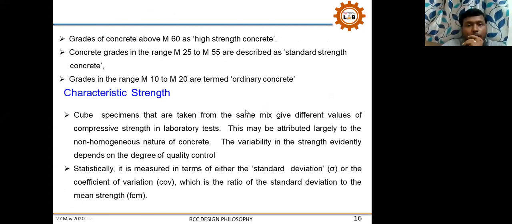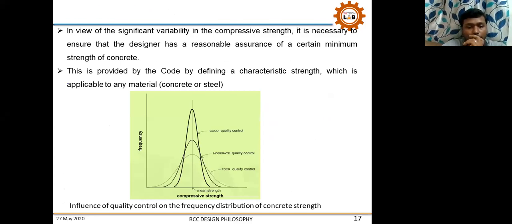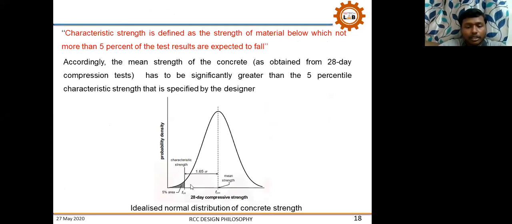The most important thing I want to say is characteristic strength. People always have a doubt: what is characteristic strength? Everybody tells how to measure it. Characteristic strength is that below which only 5% will fall. Why that 5%?